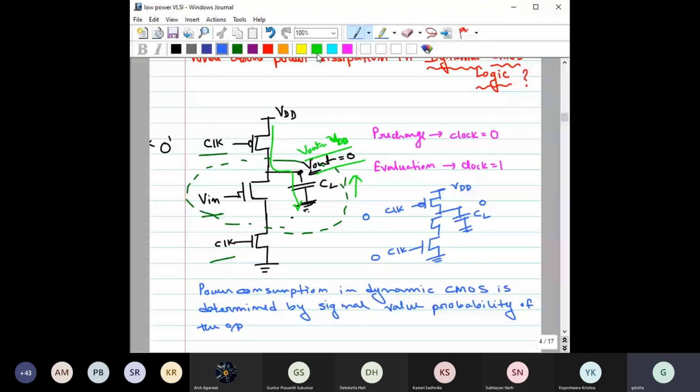It does not matter during the evaluation state what would be the value of this, whether V in would be 1 or 0. It does not matter. You understand my point? What matters is whether this value is now 0 or 1. If it is 0, then only there is a possibility that during pre-charge it will be charged. If it is 1, then it is already 1, so there will be no power dissipation.